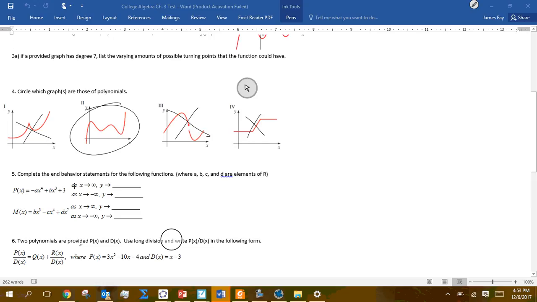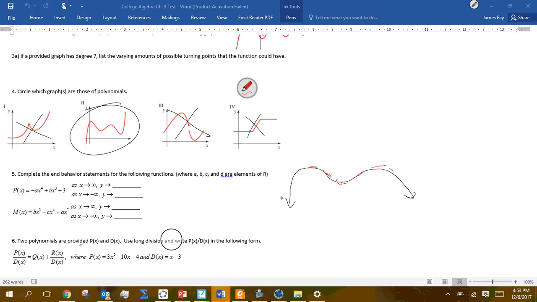Here it says complete the end behavior. All right, so I've got a 4th degree polynomial, but the A value is negative. So any 4th degree polynomial where A is negative is going to maybe look something like that. Depending, just like we've talked about in class, we don't necessarily know what's going to be happening on the interior, okay?